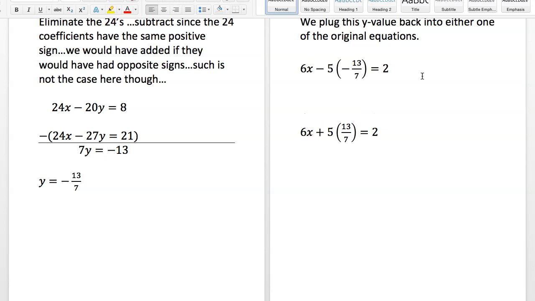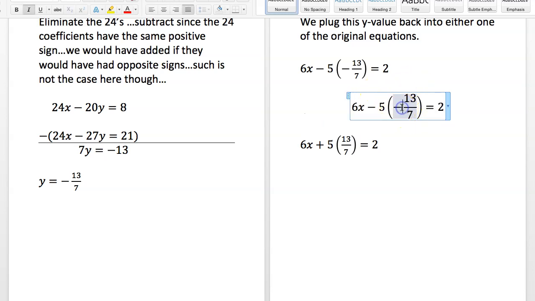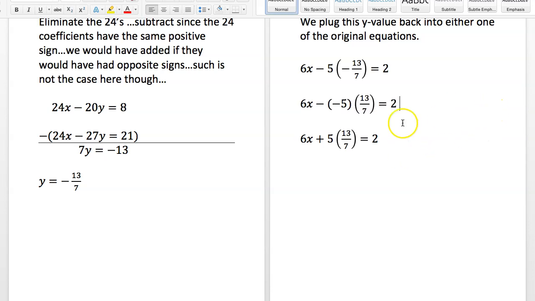What's really happening here, to be honest with y'all, is that I'm minusing a negative. If I want to pull that negative out and take the wrath of the negative out on the 5 there, I can, right? And make the 13 sevenths positive.